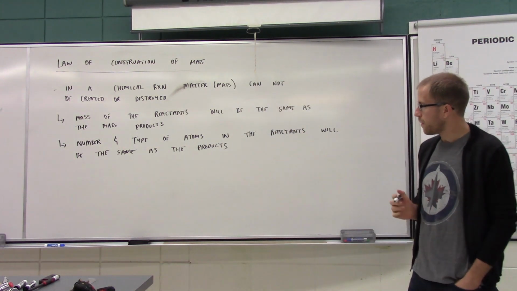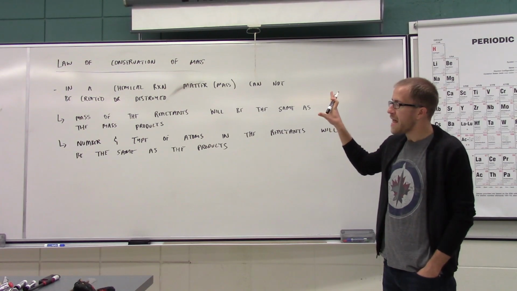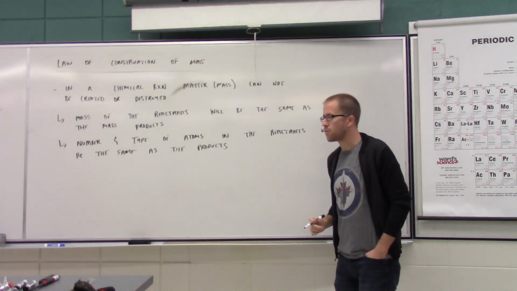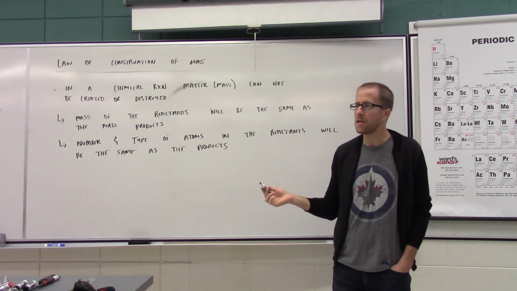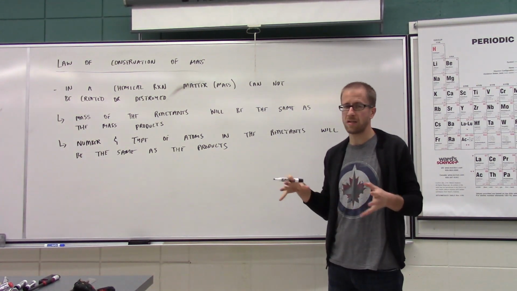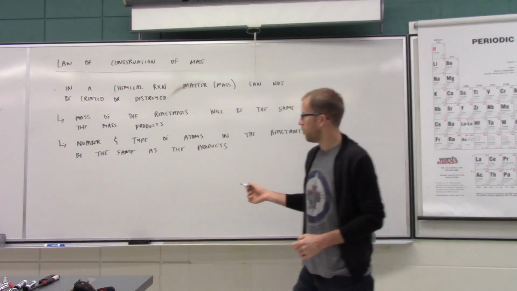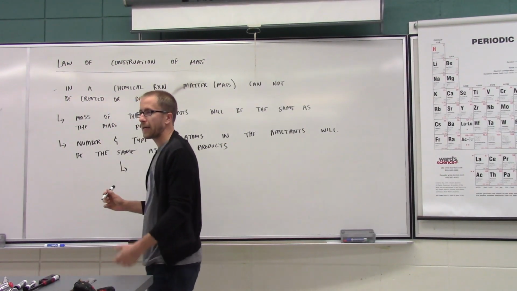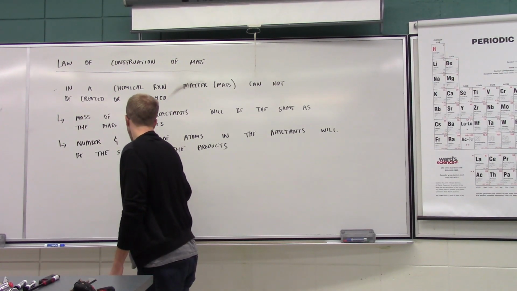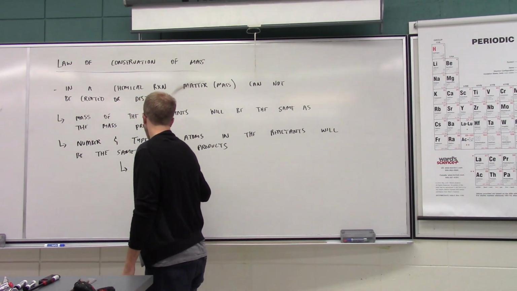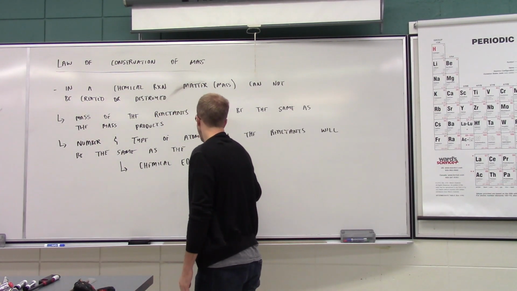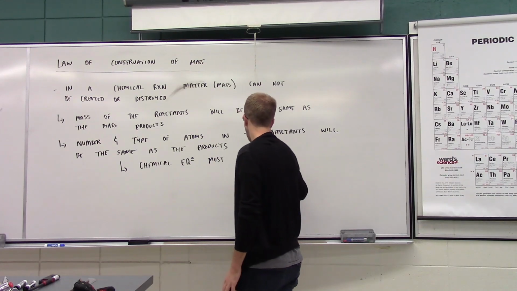Now, when we take this and we start to apply this theory to chemical equations, we end up with a skill called balancing. Right? So what this is really saying is that your chemical equation must be balanced, right?